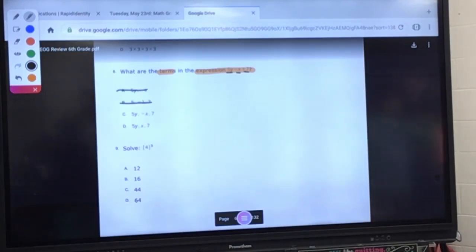All right, so have a seat. The majority of us did pick D. Why did we pick D? Lily? Because C has the minus sign before the x. But isn't that really important to what type of variable that's going to be? Because isn't that a negative 1x?